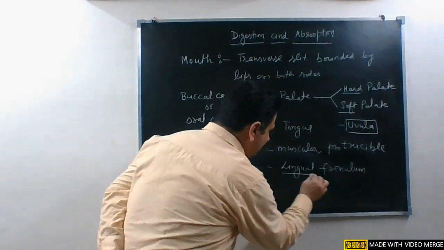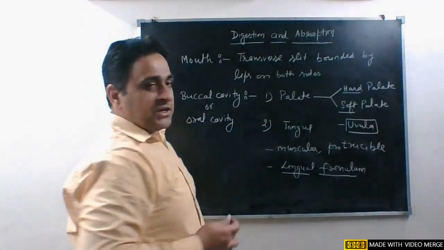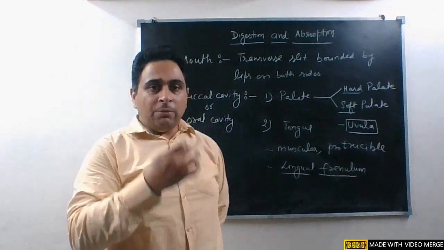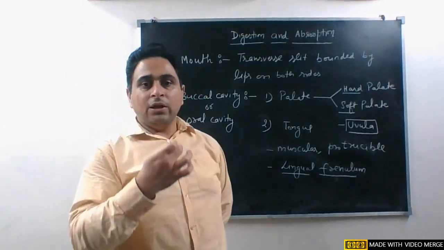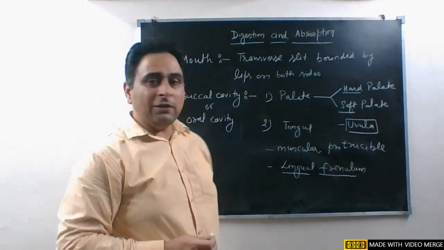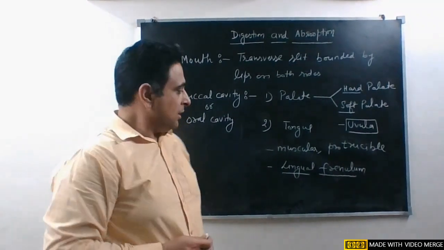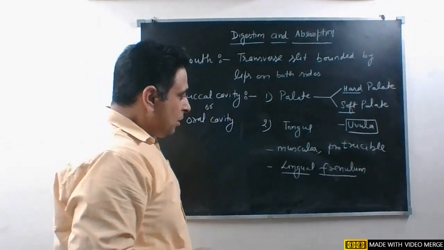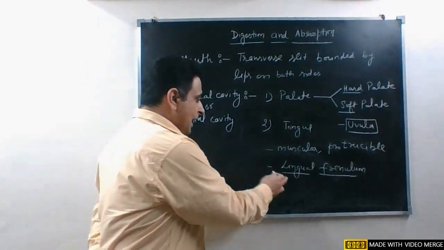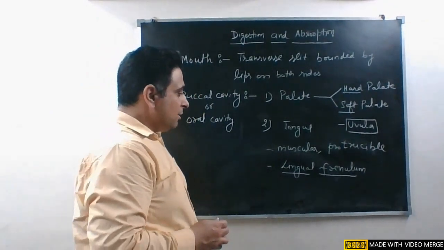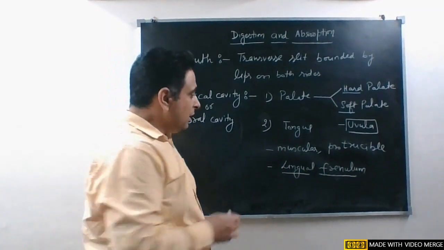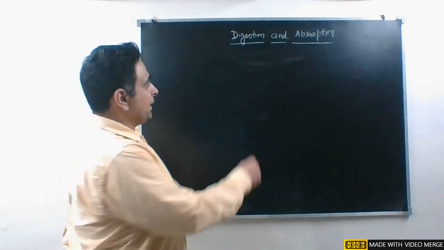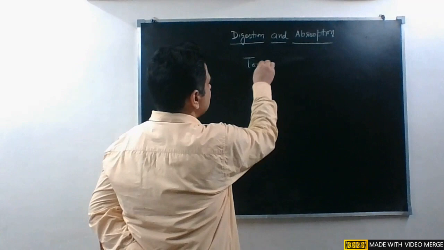What is the lingual frenulum? The structure with the help of which our tongue is attached to the base of the buccal cavity. So, the tongue is a muscular and protrusible organ, attached to the base of the buccal cavity with the help of the lingual frenulum.